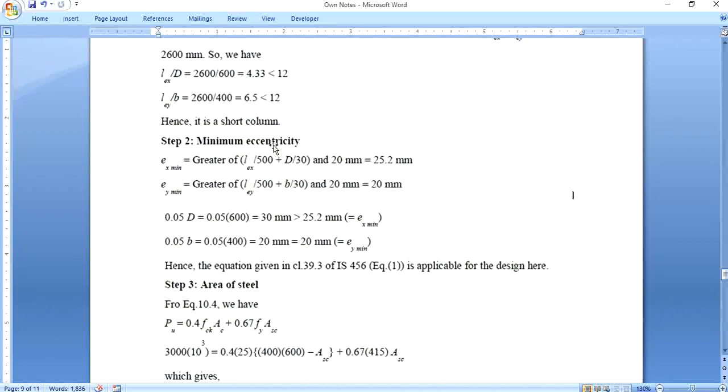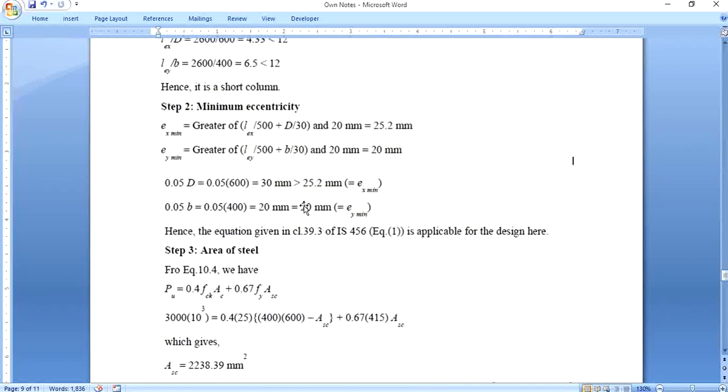The greater of these two will be 25.2 mm. Similarly in y direction, the greater of LEY, that is 2600 divided by 500, plus B divided by 30, and 20 mm; the maximum in this case will be 20, so I am considering 20 over here.